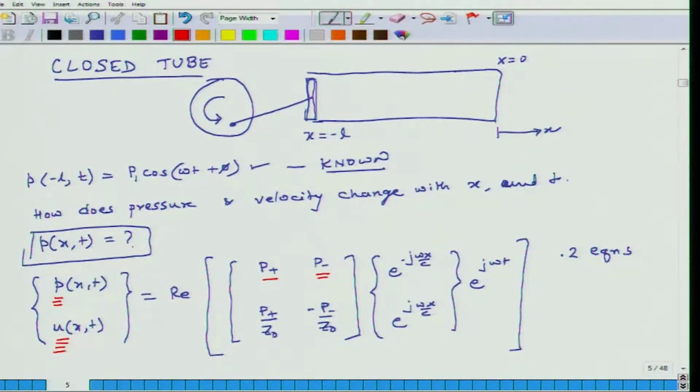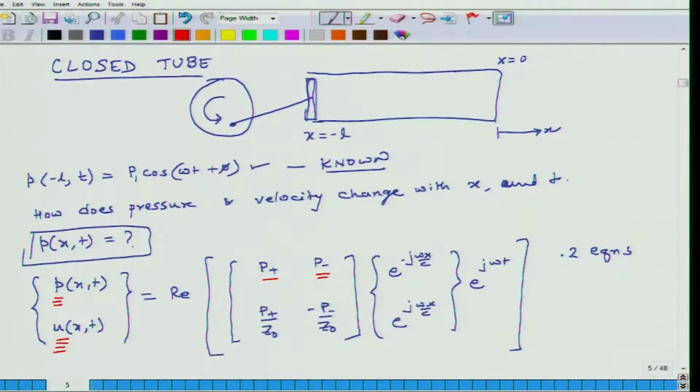Everything else in these two equations is known. We know how time changes, we know at different values what is the value of x, we know z naught because we know that it is air, we know its density, we know the velocity of sound in air. So we have four unknowns and we have two equations. So we cannot get all these four unknowns using these two equations.